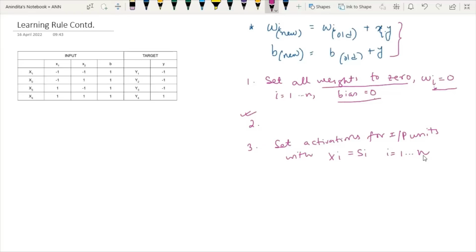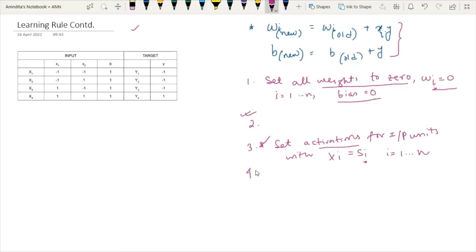Now see, whenever I am explaining this line, some of the parts are not understood. Why does it happen? Because I haven't used the example. So this point will be clear to you when I explain it in terms of this problem. Anyway, the third point is we have to set the activations.